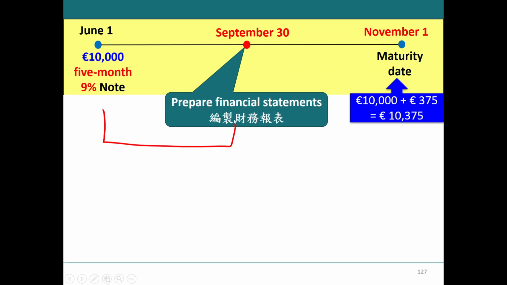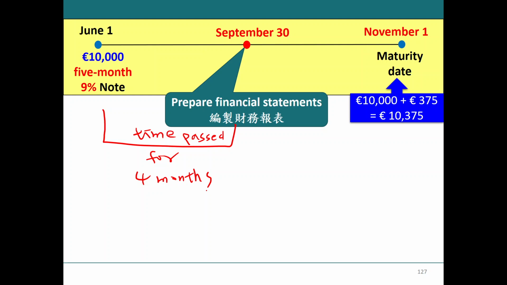Don't forget, June 1st to September 30: June, July, August, September. See, it's quite difficult to count the months. You should be very careful. So time passed for 4 months.